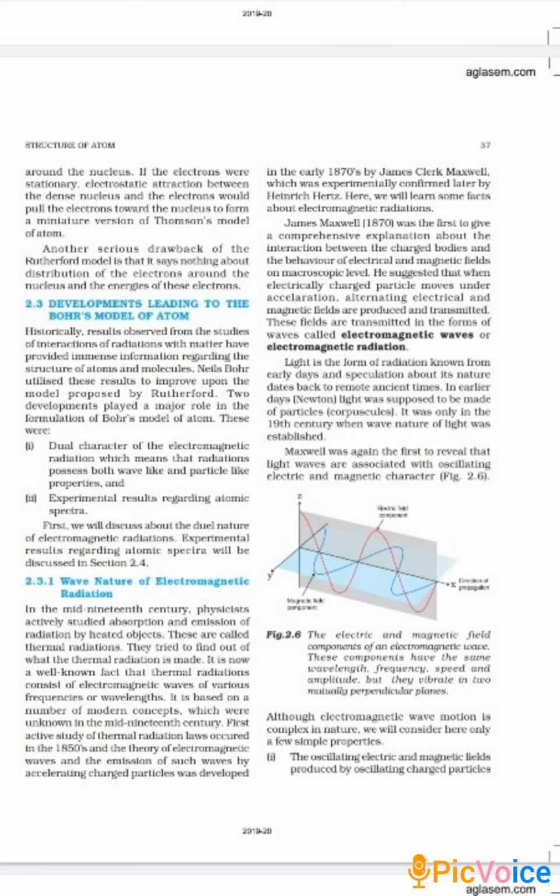Students, I repeat, as per Maxwell's electromagnetic theory, when electrically charged particle moves under acceleration, alternating electrical and magnetic fields are generated, and these are transmitted in form of waves, and we call them electromagnetic waves or electromagnetic radiations.